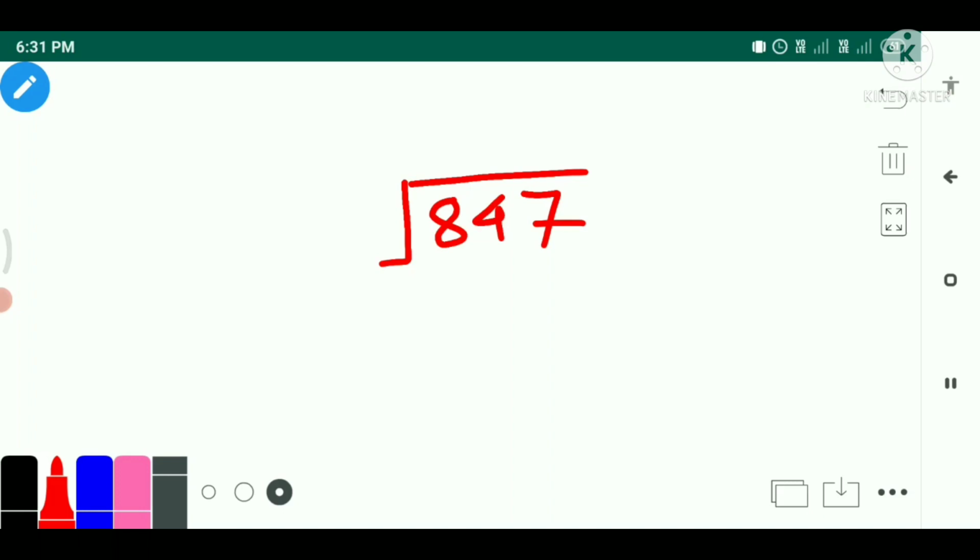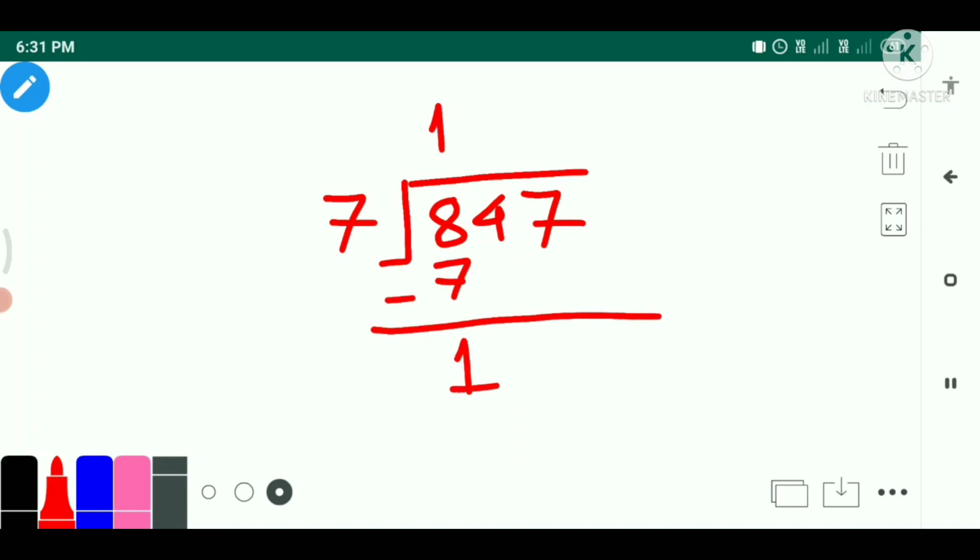So 7 1s are 7 minus, this will be 1 and this will be 4. 7 2s are 14. Again we'll subtract and we'll get 0.